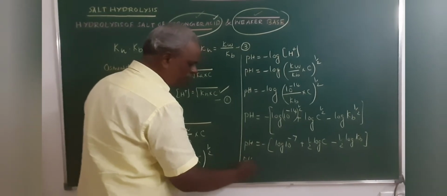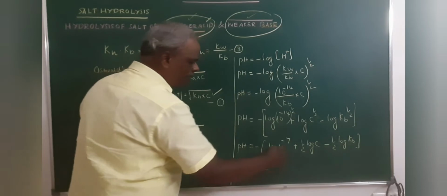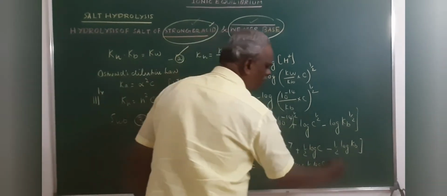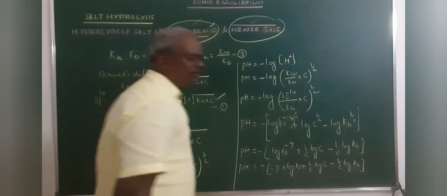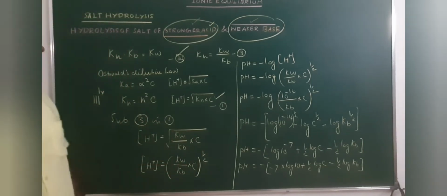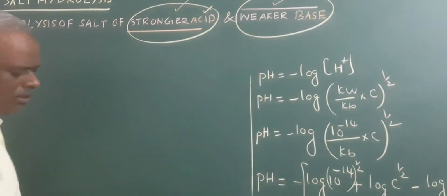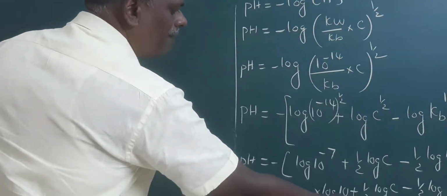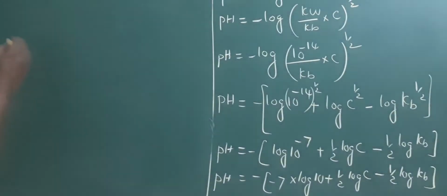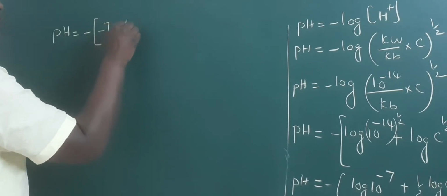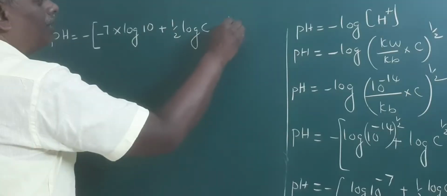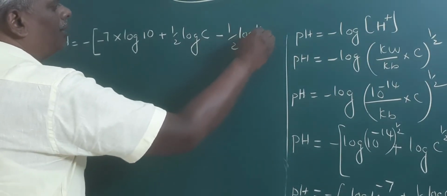So pH is equal to minus, minus 7 into log 10 plus half of log C minus half of log Kb.